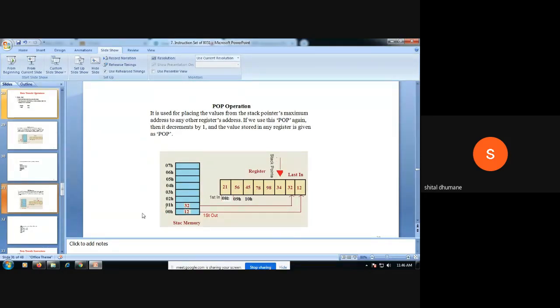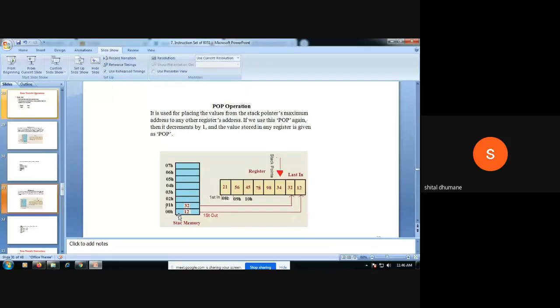So here your 00, this is the first memory location of your stack. Suppose 12 is the data stored at that memory location. So this will be first out and last in. Okay, this is the first in, but this is your last in. So what is the last position of your register? Here this 00, that 12 will get first out, but the last in.